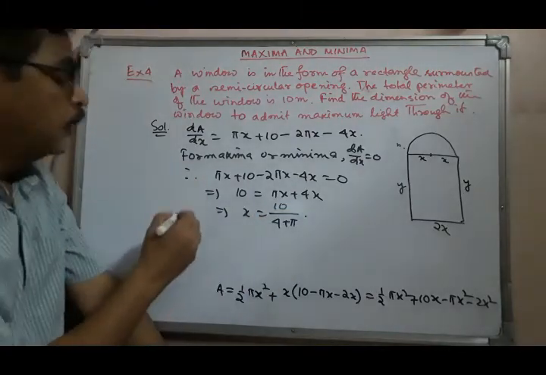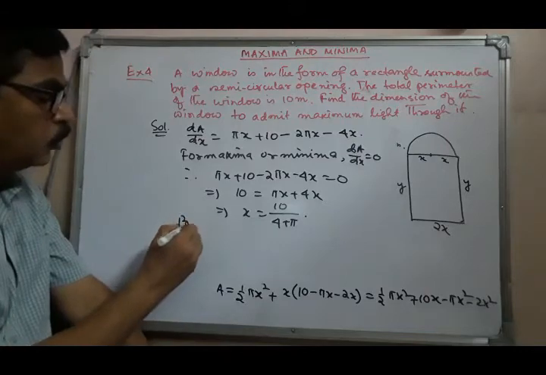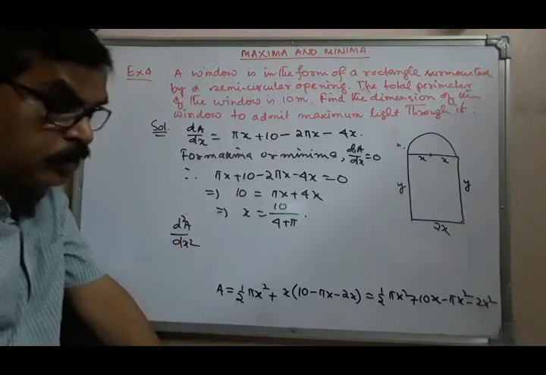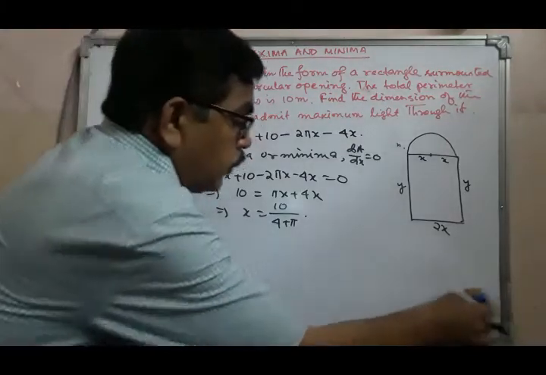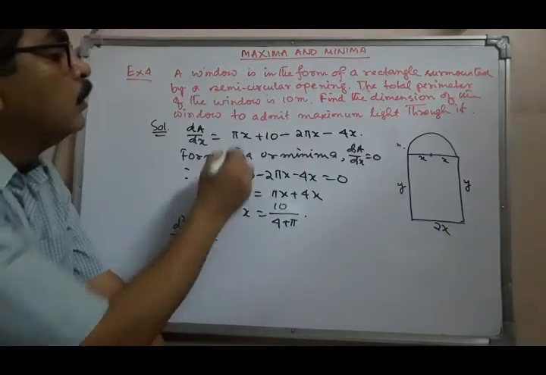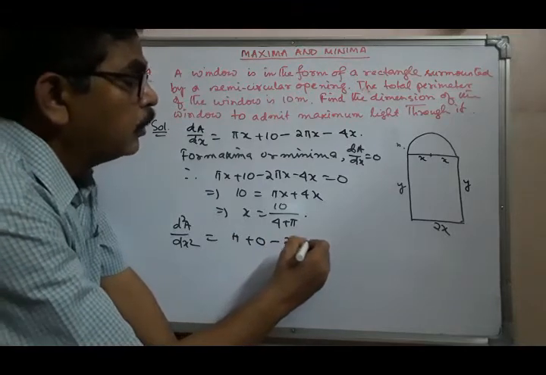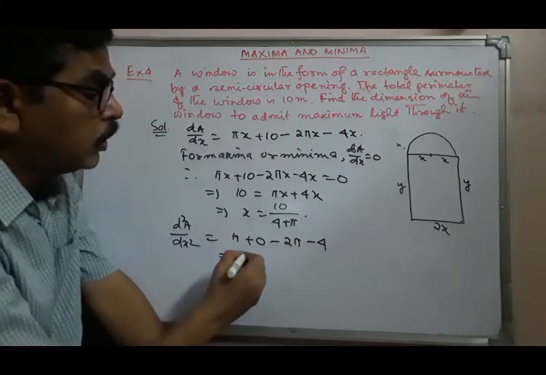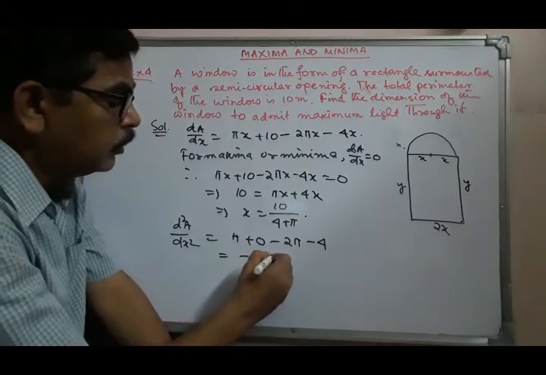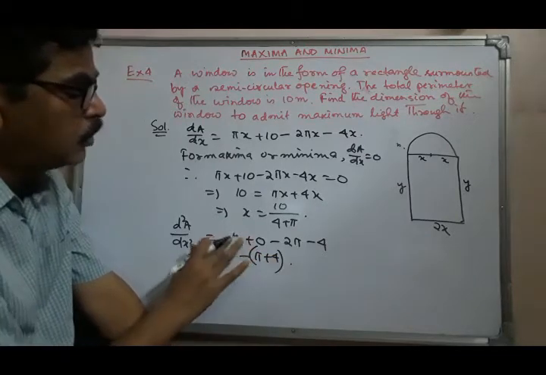Further differentiating, d square A by dx square. So what will we get? It is pi plus 0 minus 2 pi minus 4. So therefore minus pi minus 4.